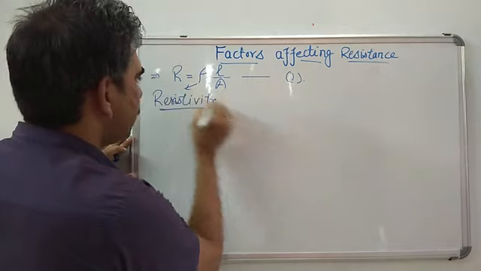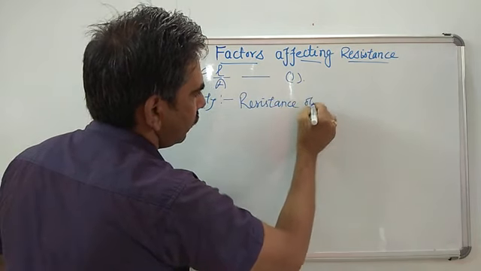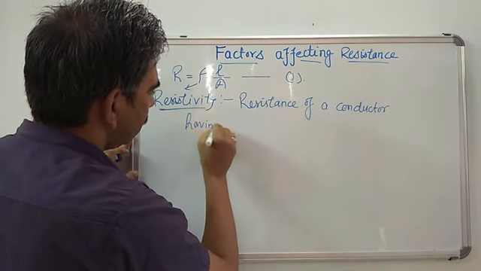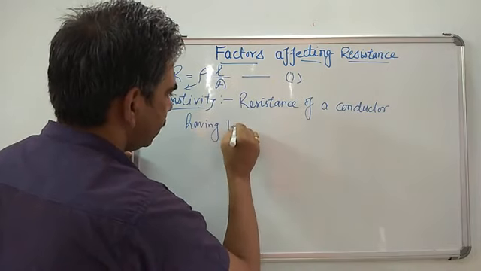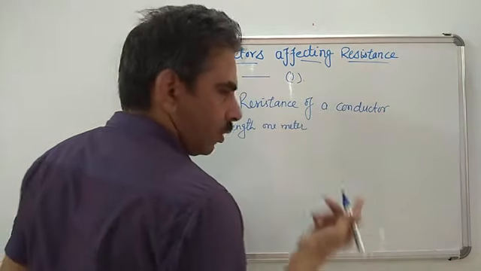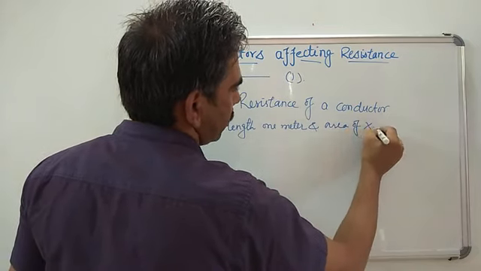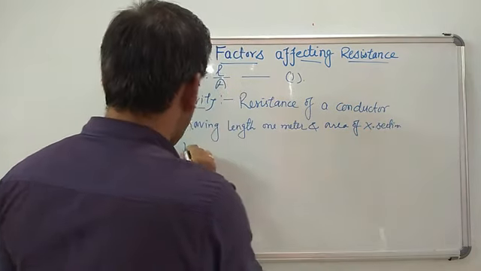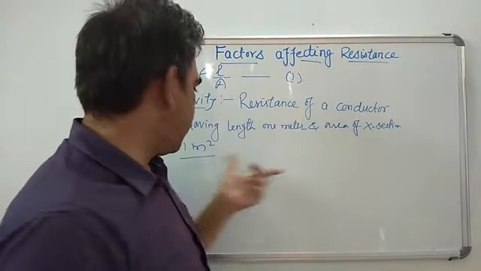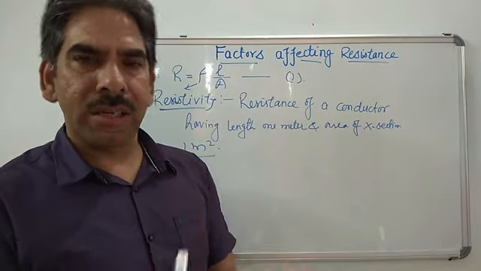The resistivity is nothing but the resistance of a conductor having length 1 meter, in the SI system, and area of cross section 1 meter square. Whenever a conductor has length equal to 1 meter and area of cross section 1 meter square, its resistance is called the resistivity of that material.